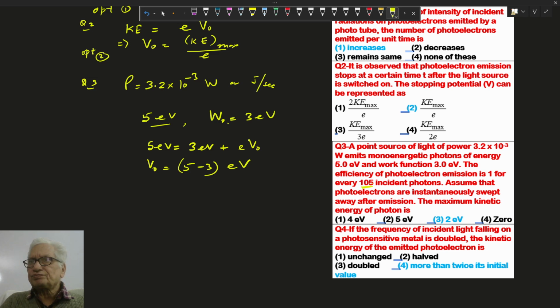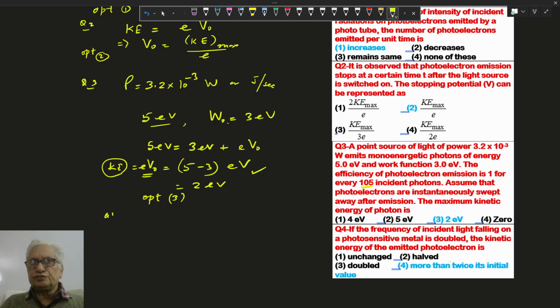So here kinetic energy required e V naught. This is 2 electron volt. So option here is 3.